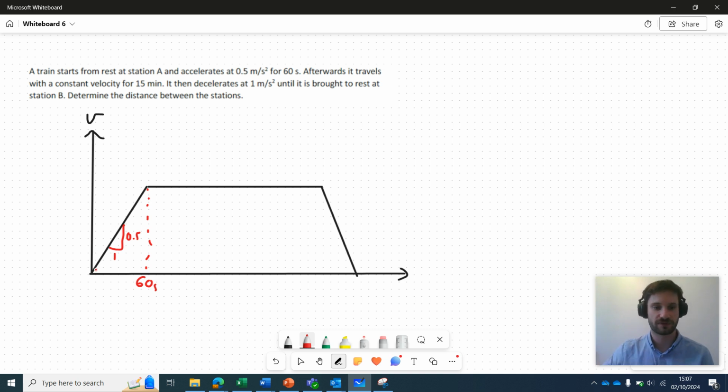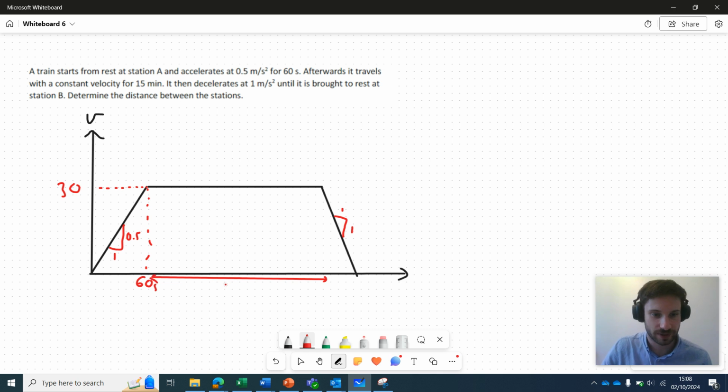If it's doing this for 60 seconds, hopefully it should be evident to you guys almost intuitively that this should be 30 meters per second here. And then here it's describing a gradient of -1 effectively. So let's just label that. This constant velocity section is 15 minutes.